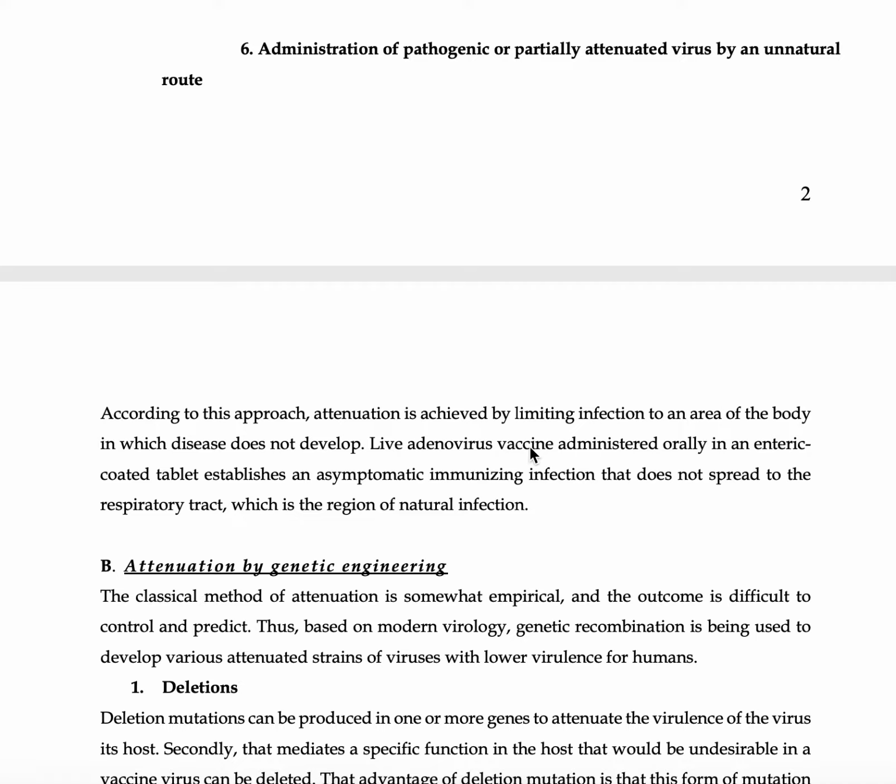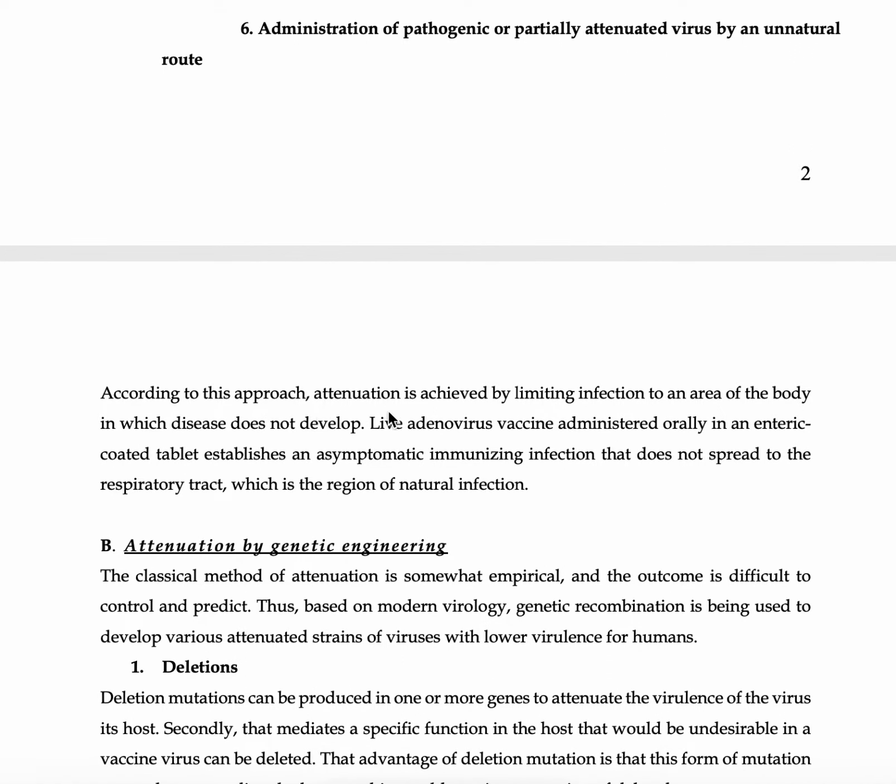According to this approach, attenuation is achieved by limiting infection to an area of the body in which disease does not develop. For example, live adenovirus vaccine administered orally in an enteric coated tablet establishes an asymptomatic immunizing infection that does not spread to the respiratory tract, which is the region of natural infection.